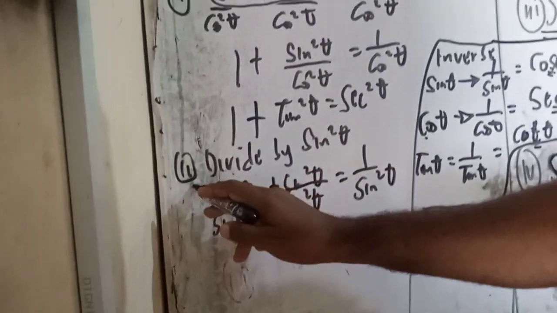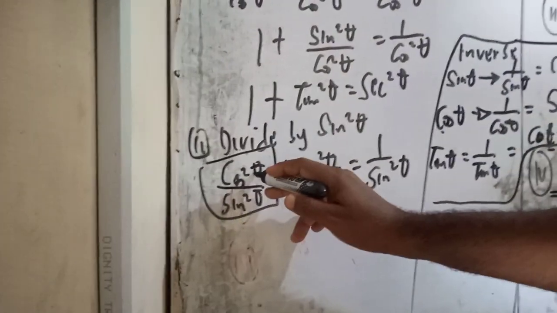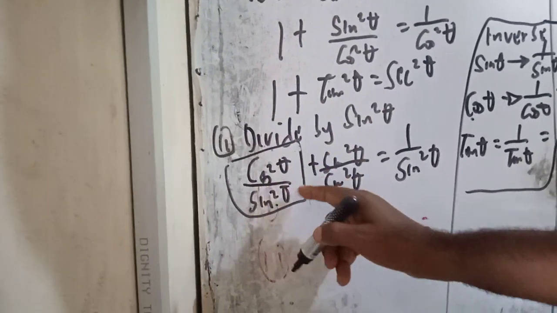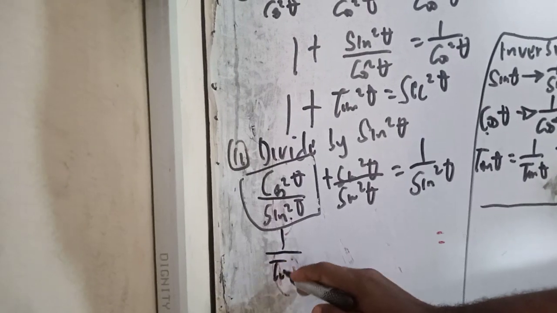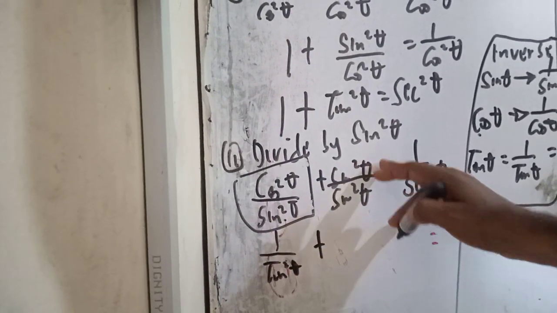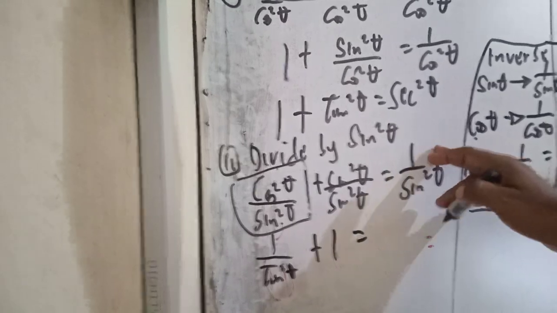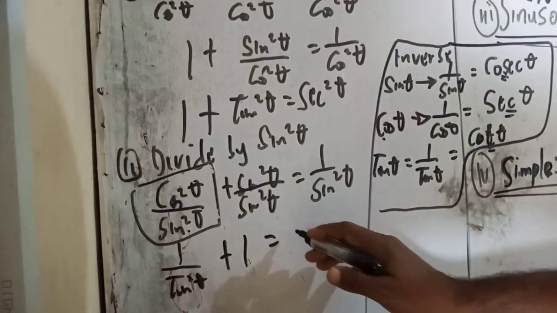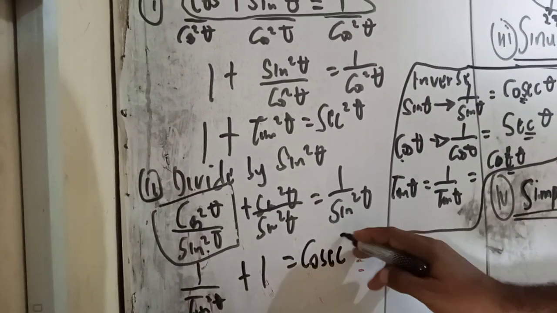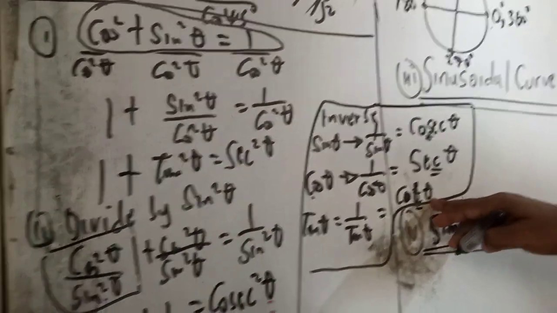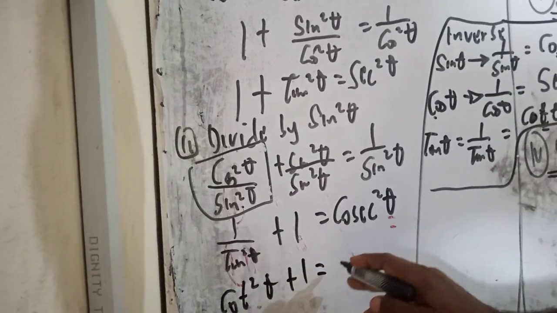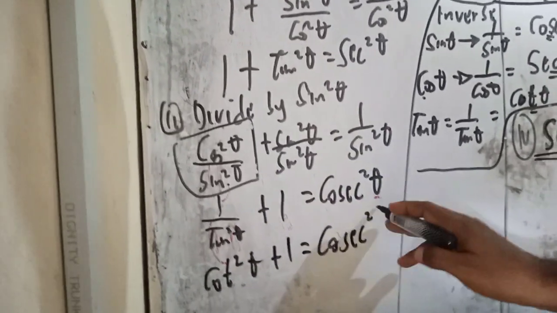Now, cos theta over sine theta is the inverse of tan theta, so this one actually means 1 all over tan square theta. Then sine square theta divided by sine square theta will give us 1. 1 over sine square theta from the inverse trigonometry ratio is cosec square theta. And 1 over tan square theta is cotan square theta. So I will put cotan square theta plus 1 is equal to cosec square theta.